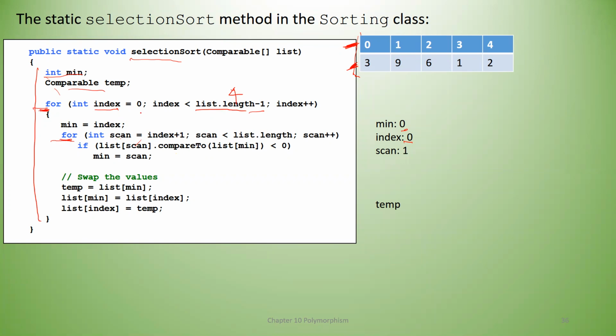Index is 0, plus 1 is 1, so that's the value for scan. And scan is less than list.length, which is 5, right? So this loop is doing the comparisons. We are doing list sub scan, which is list sub 1, dot compareTo list sub min. So what is it? List sub 1 is 9.